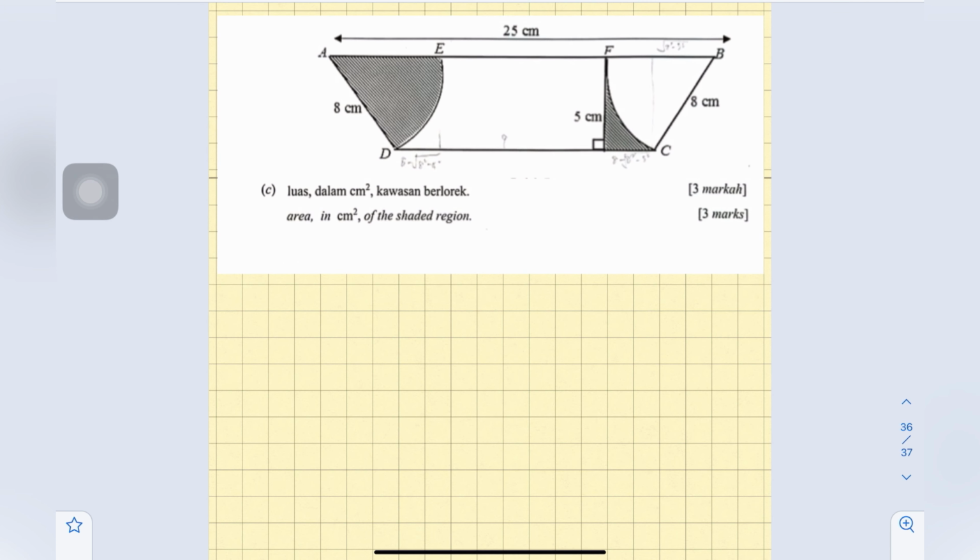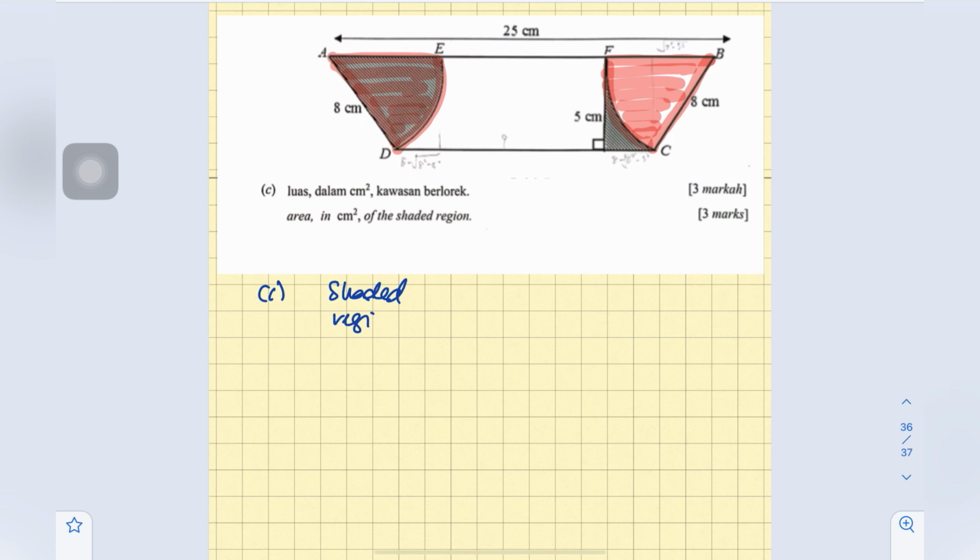(c) Calculate the area in centimetres squared of the shaded region. The shaded region is the sector and this shaded region. Actually, the area of this sector is the same as this sector. So the total shaded region gives the shape of a trapezium, and we need to find the area of the trapezium.